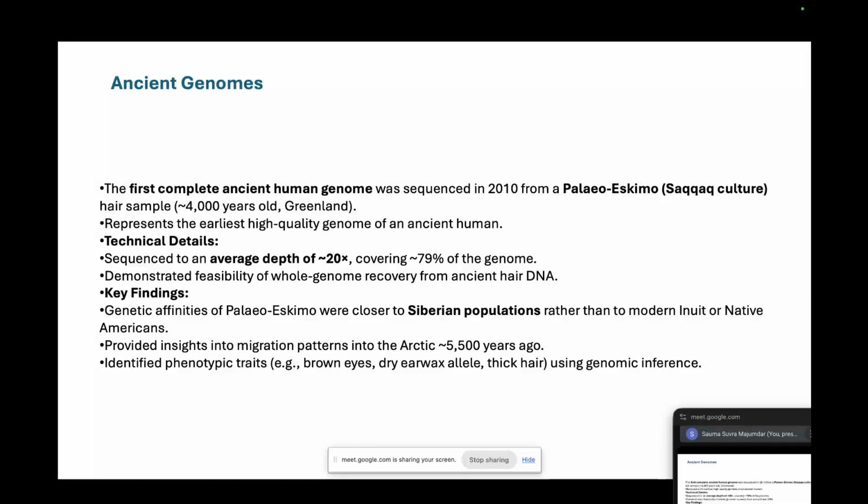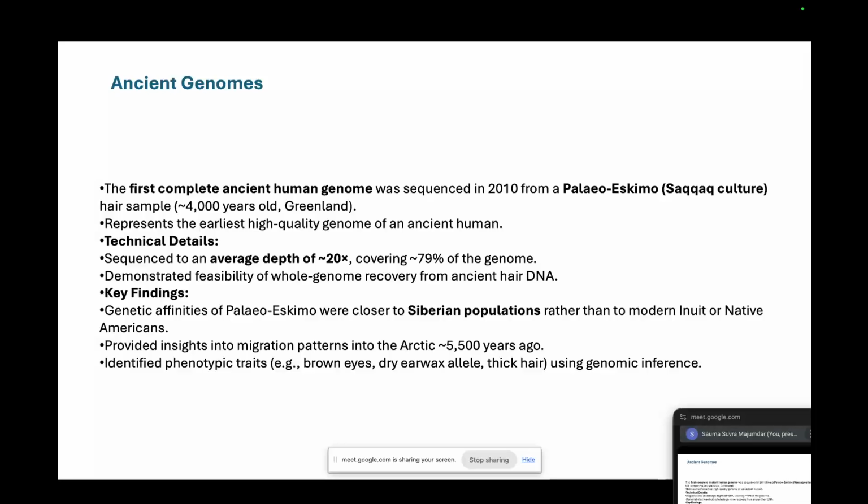DNA is very unstable; it gets destroyed. So it is very hard to get older DNA samples, even with fossils, even with all these archaeological sites that we find. We do not find DNA there because it does not remain intact for so many years.